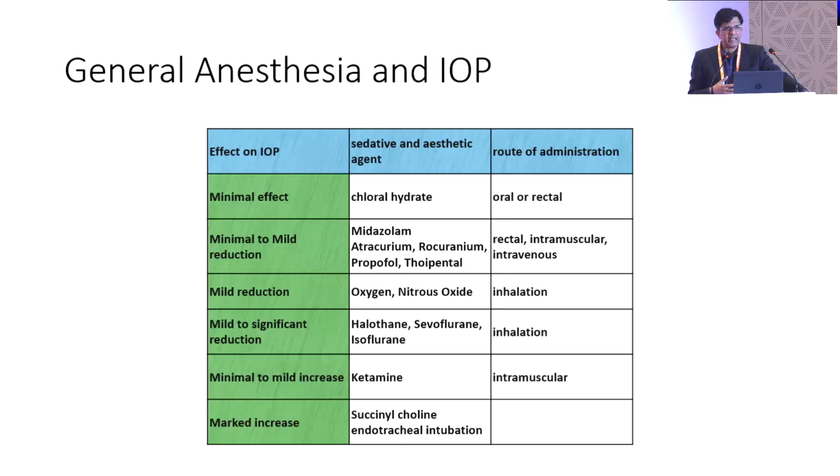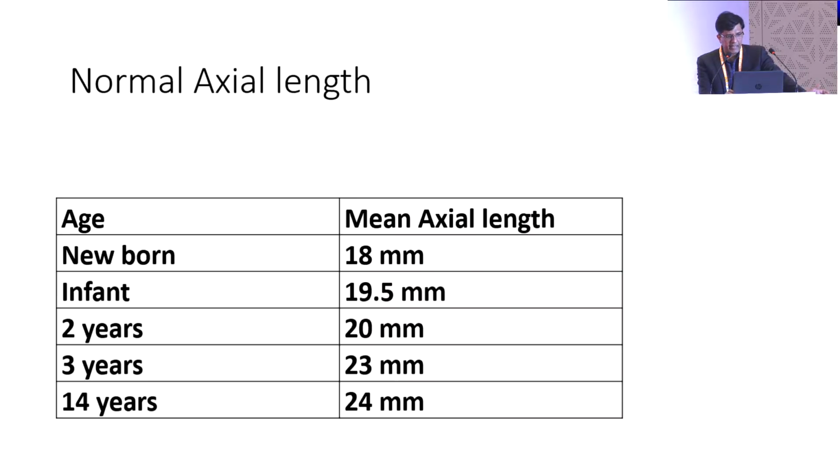What does anesthesia do to intraocular pressure? It reduces the intraocular pressure by 3 to 4 millimeters of mercury, and that has to be understood when you are measuring the intraocular pressure, especially under the anesthetics that we use, which are sevoflurane or isoflurane in most centers.